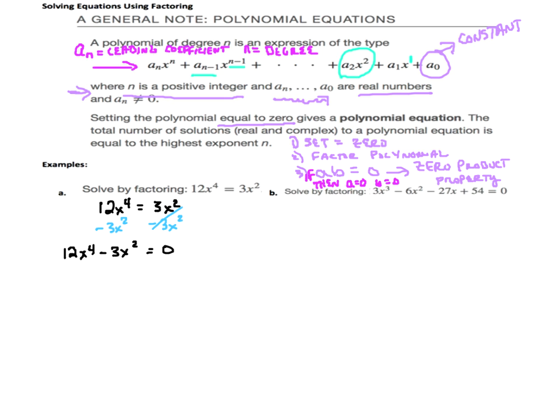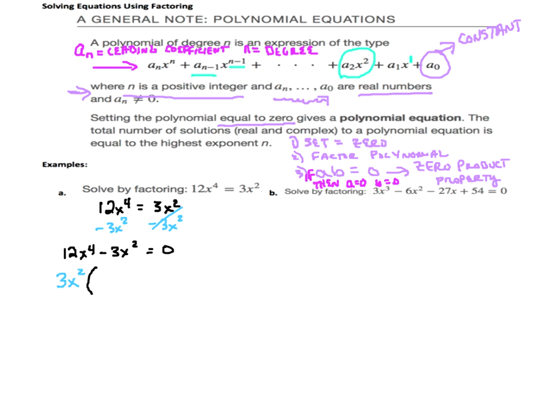So I have a GCF that I can take out of both of these, and the GCF that I see is 3x squared. They each have a 3 in them as a factor, and they each have at least 2 x's as a factor. So when I factor this using GCF, I divide each of my original terms by my GCF and see what I'm left over with.